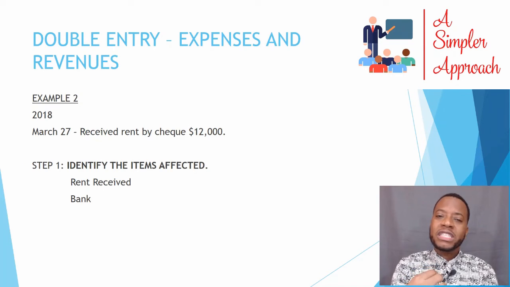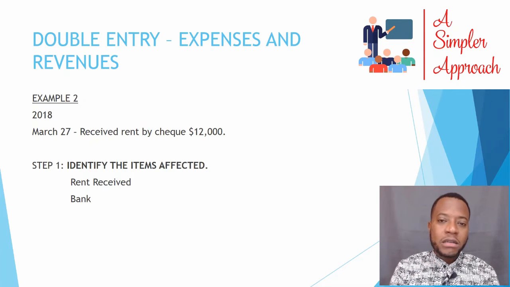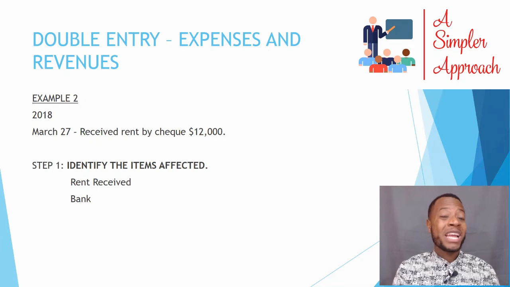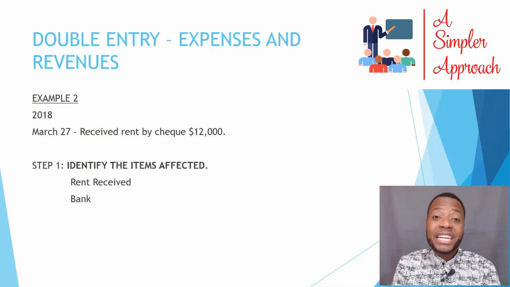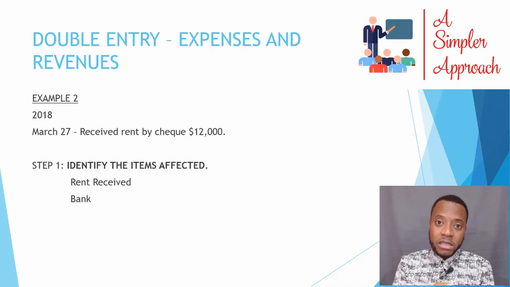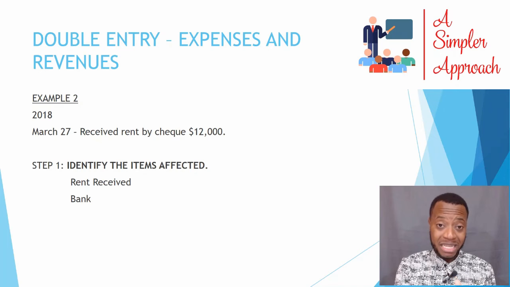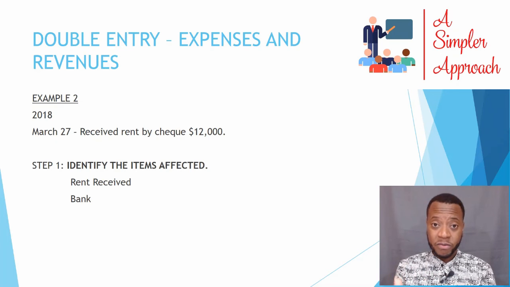So when you say rent, that's an expense. When you say rent received, that is revenue. So you must add received to the term so that there can be a clear distinction between the item being an expense and revenue. And that is why when it says received rent by check, we don't just say rent and leave it there.